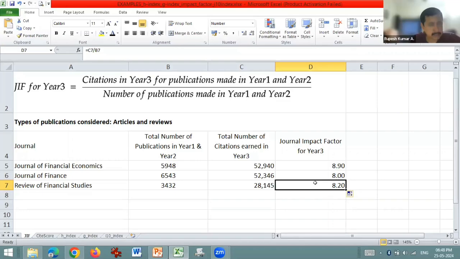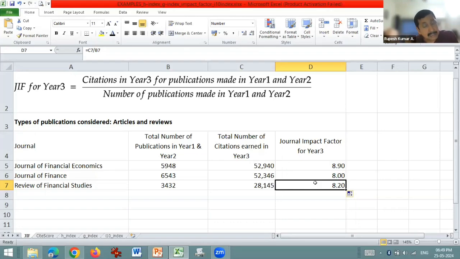Yes, correct, because of the probability of my article getting higher citations based on the simple arithmetic average. This is why your research supervisor or your academic peer or some professor keeps telling you, publish your article in high impact factor journals. That's simply because if you publish your article in high impact factor journals, you too have the probability of getting higher citations for your article. As simple as that. So I hope you have understood journal impact factor calculation.